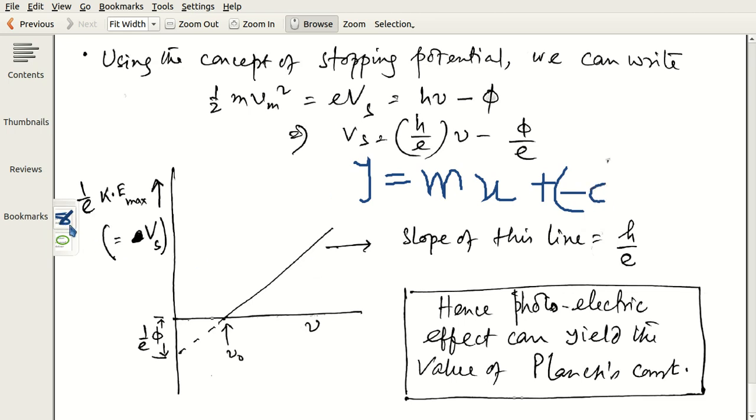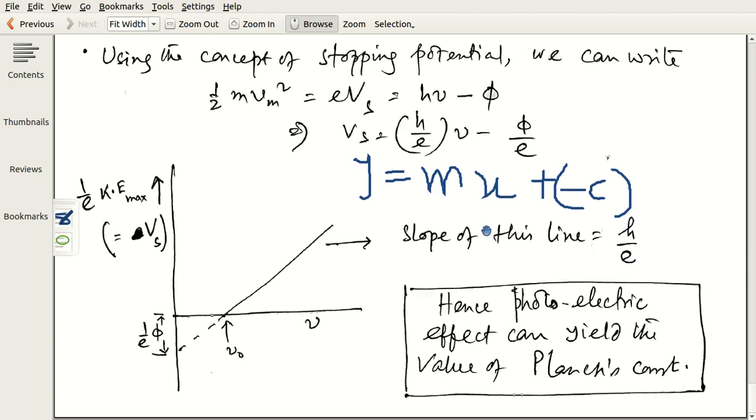This is the equation of a straight line, this is our y, and nu is compared to x, then m must be the slope, equal to h by e, and this part is 1 by e into phi, because if you set y equal to 0, then x equals phi by e.